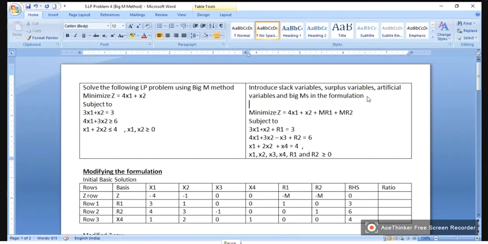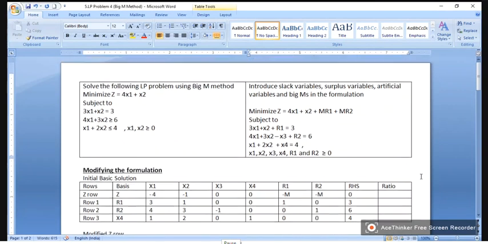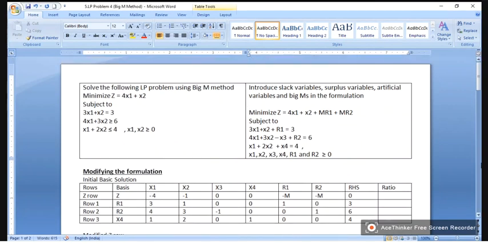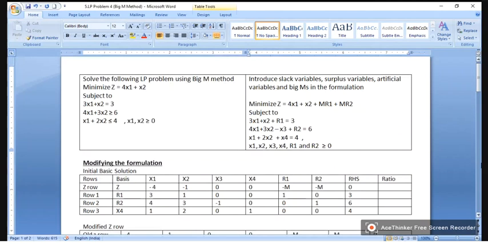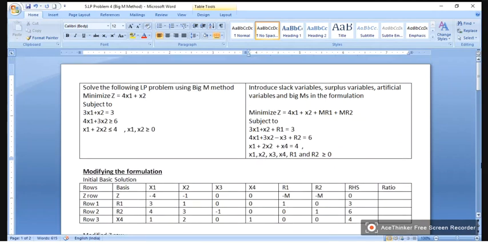Solution table according to the normal procedure, and I have also given that table. Check whether it is correct or not. There is one greater than or equal type constraint, and there is also equality type constraint.